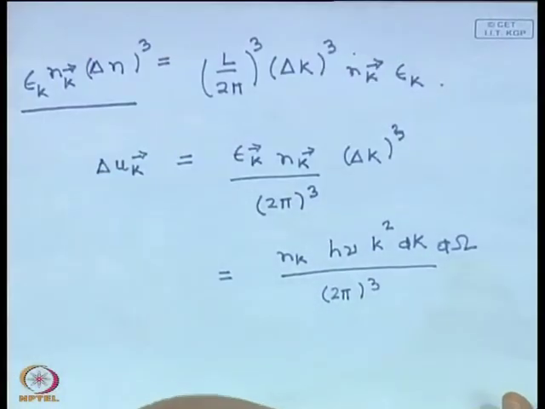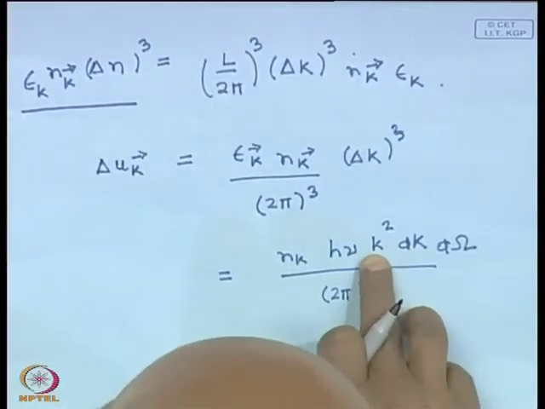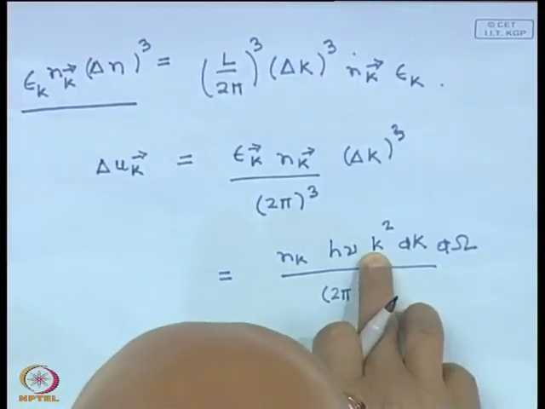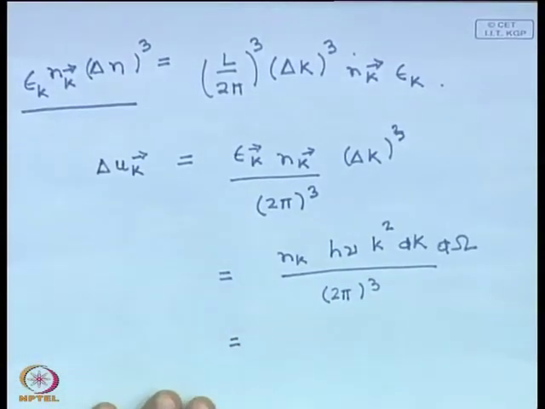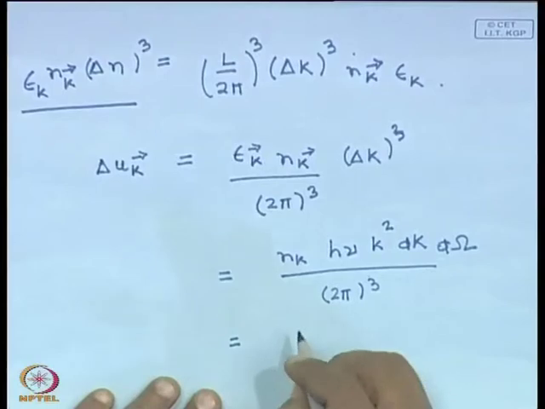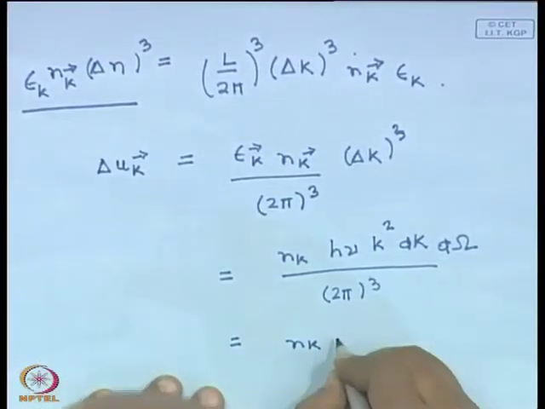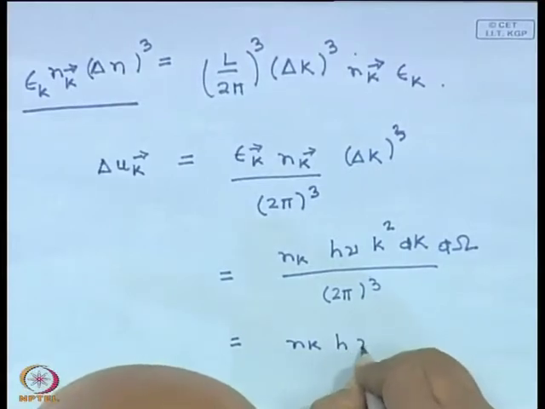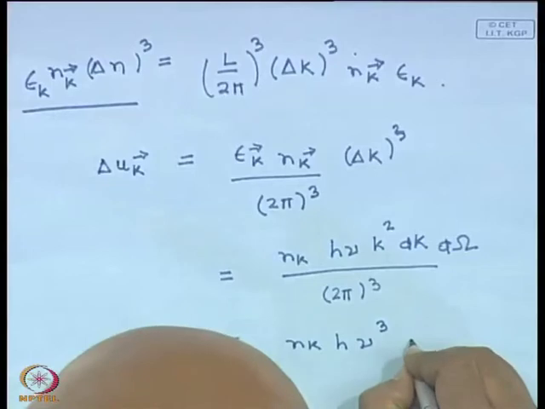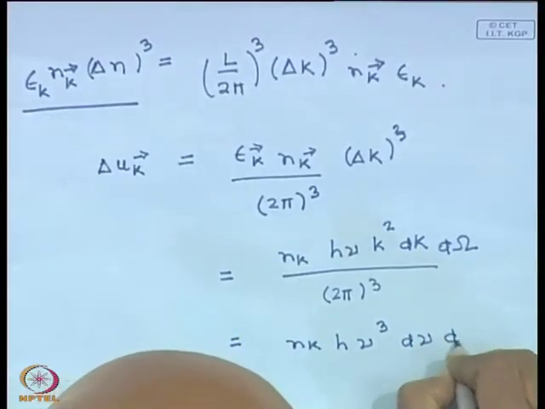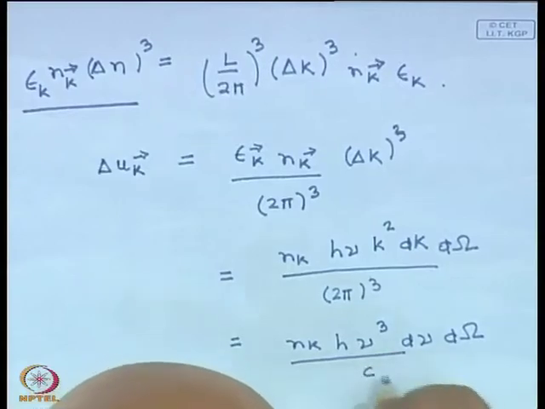So, if I do that, I will have 2 pi cube coming from this, so that is gone, and so this will become the occupation number into h nu cube d nu d omega by c cube.